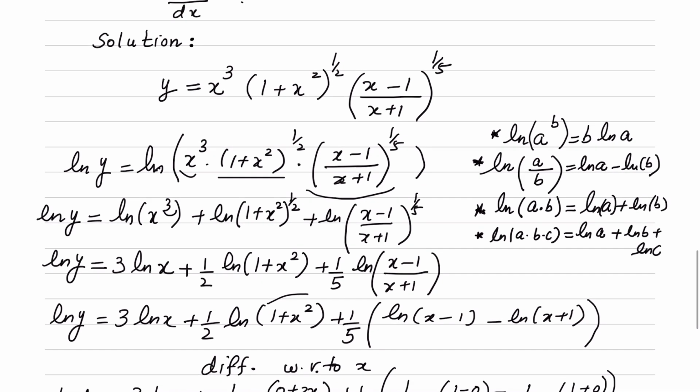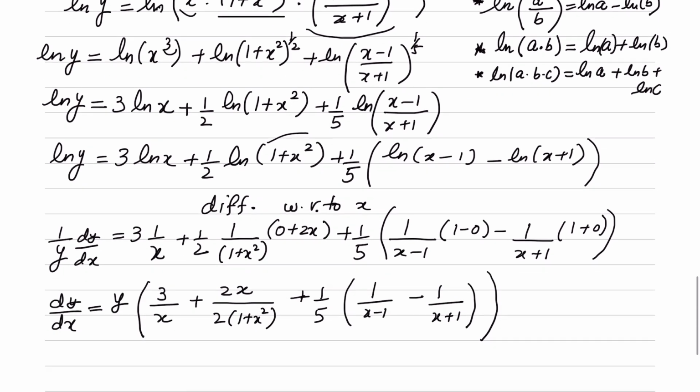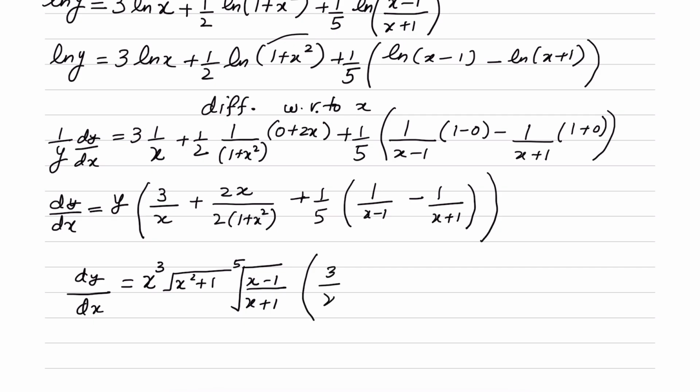Since y in the beginning was equal to this, so we will write dy by dx is equal to y as in x cube square root x square plus 1 over 5 power on x minus 1 over x plus 1, and inside we have 3 by x.